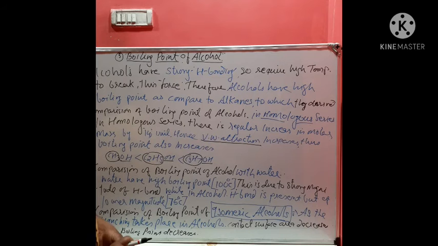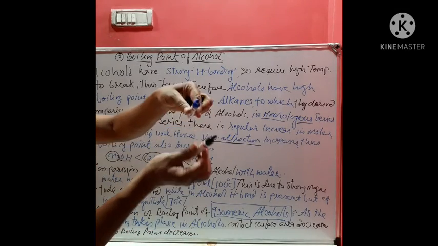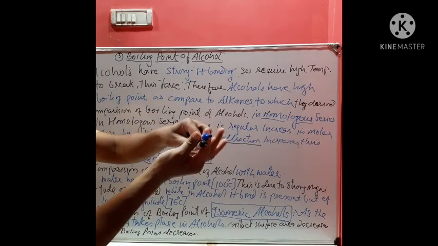Like here, if we consider about 3 alcohols, normal butanol, 2-methyl butanol and 2-methyl, okay, propane 2-ol. Now there are 3 isomers. Normal butanol, symmetrical molecule. Getting? So one of the symmetrical molecule can attract another symmetrical molecule with greater surface area.